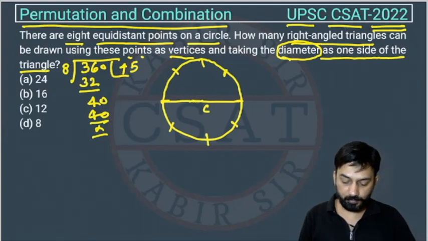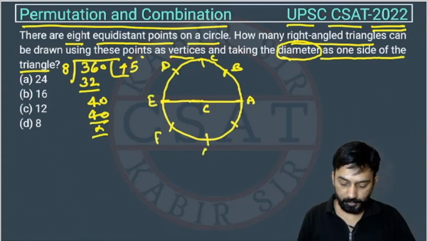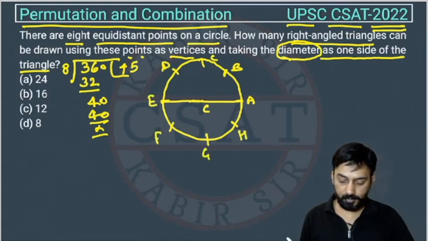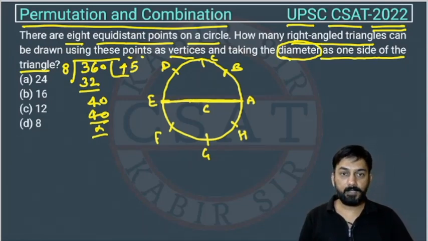So we have to check, like suppose these are point A, B, C, D, E, F, G or H, right? Now with this EA diameter, how many right angle triangle we can draw? So here this question is using one property of this circle.